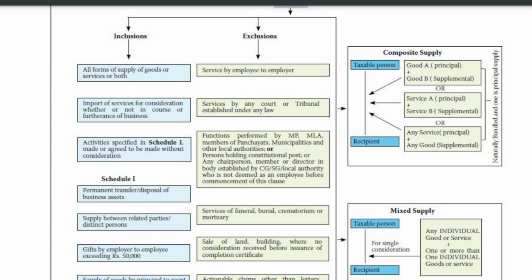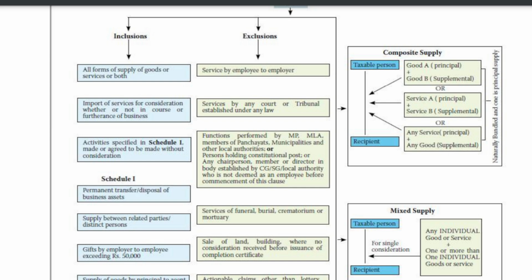In a similar fashion, in the case of supply of services also, when you come to the mixed supply, it means both can be identified individually. For example, if you are purchasing dry fruits and chocolates, and they are bundled together and sold, then you have to take the highest rate applicable for that bundle.